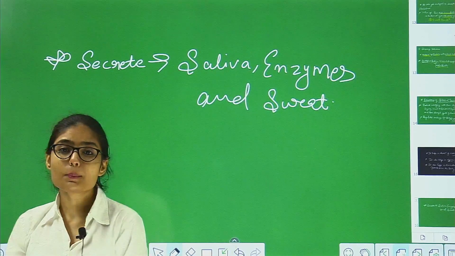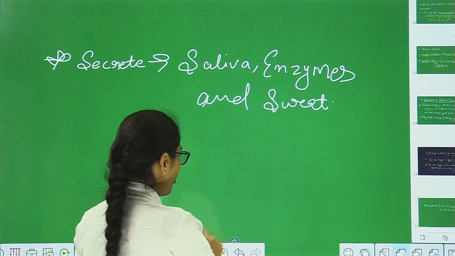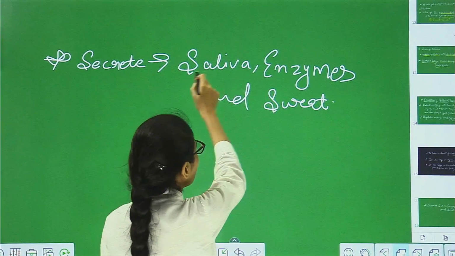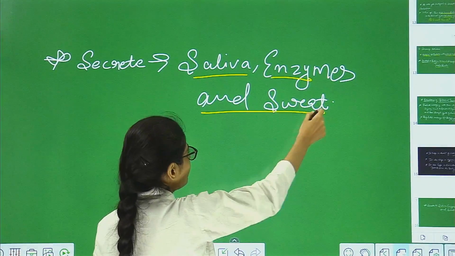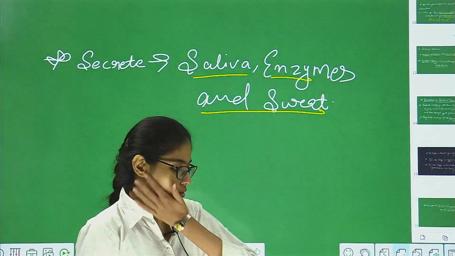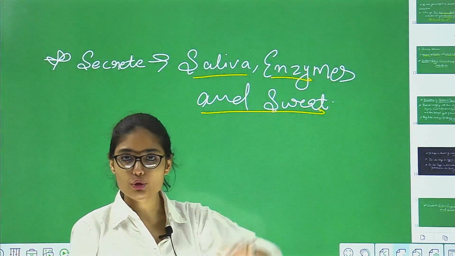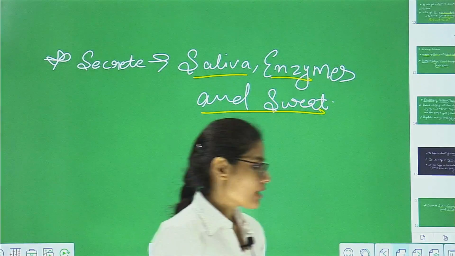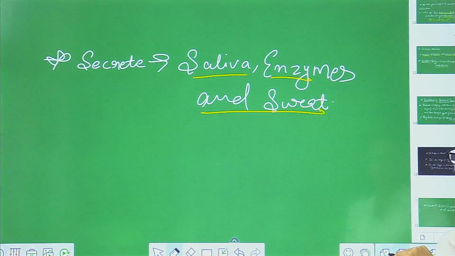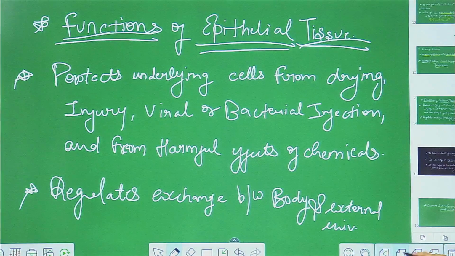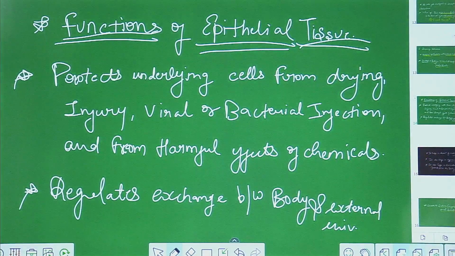So these are the major functions of the epithelial tissue. Just make these points in your notebook so that in your exam it will be easier for you. You don't have to find where to get them. So yes, these functions are very important.